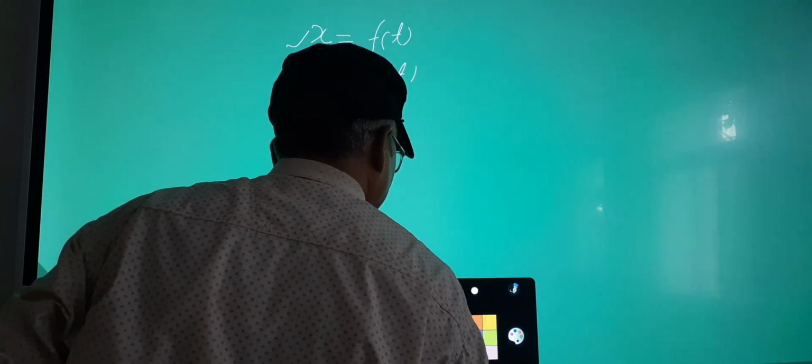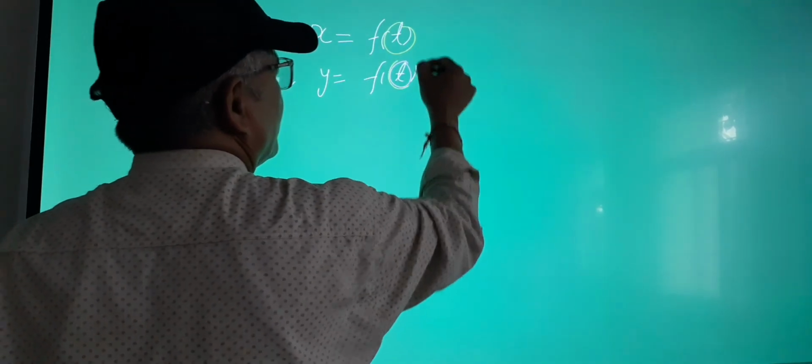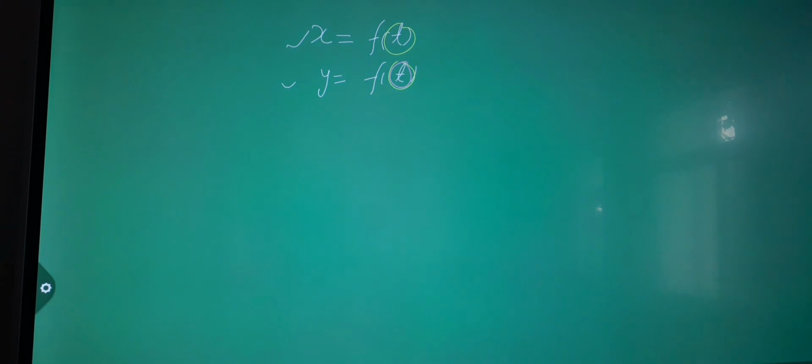Suppose I have a function x. x is equal to a function of t, and y is also written as a function of t. x and y are already two variables, so one more variable we are using, that is t. That type of function is called a parametric function.